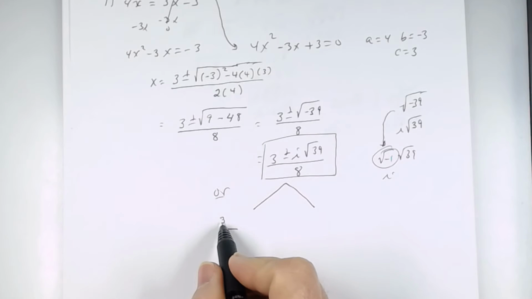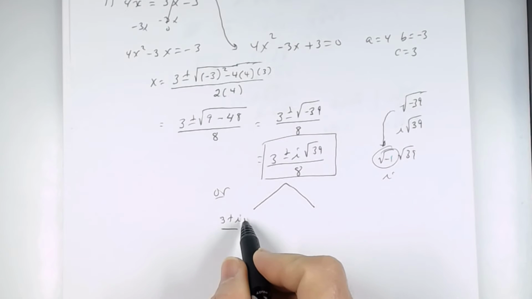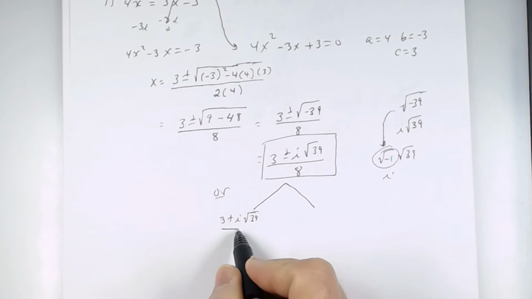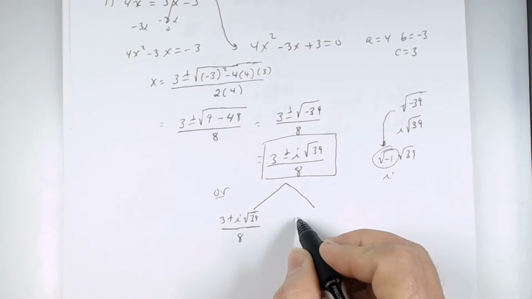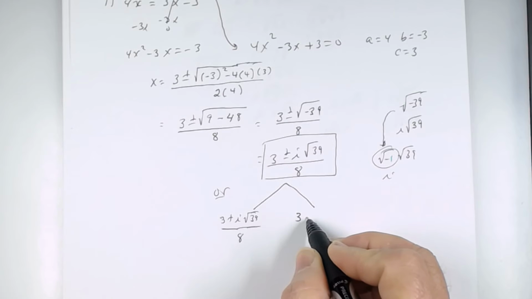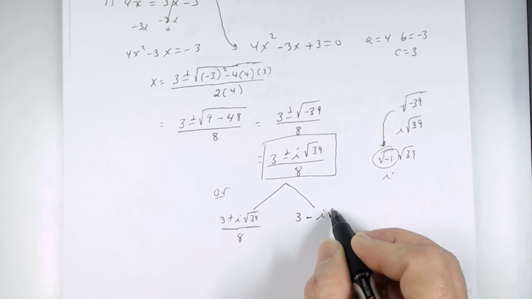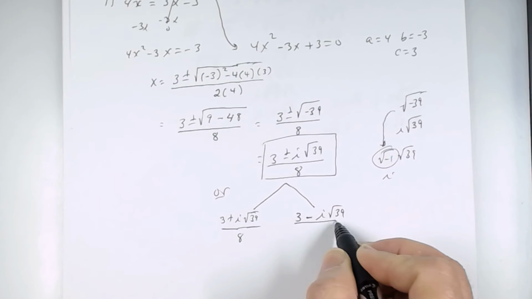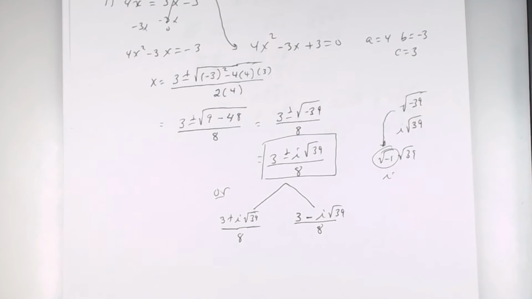So you're going to say 3 plus i square root of 39, and in the denominator you'll have 8, and the other one will be 3 minus i square root of 39 divided by 8. Okay? All right, so that was number 1.